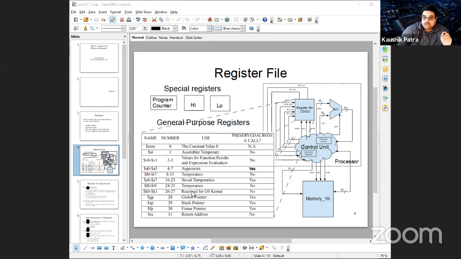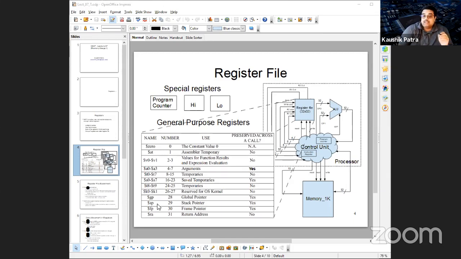A similar convention applies to $k0, $k1. These two registers are reserved for the operating system kernel. In our environment, it is the Mars system that uses $k0, $k1, so better you don't use them. Similarly for the global pointer, stack pointer, frame pointer, and return address, you can manipulate them at your own risk, but they have a special purpose. For example, the global pointer points to the static data part of the memory.